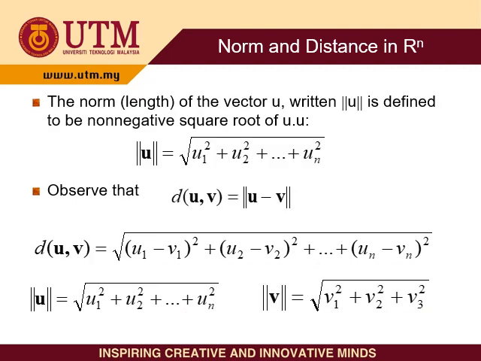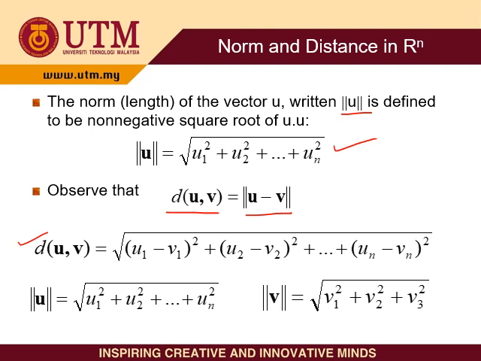Okay, the norm or length of vector U, let's see we have vector U here, is written like this, and is defined to be the non-negative square root of U. So this is our equation. But we can observe that the distance UV is actually equal to the norm of U minus V. We can see this here based on our equation of distance UV, where you have U1 minus V1 squared.